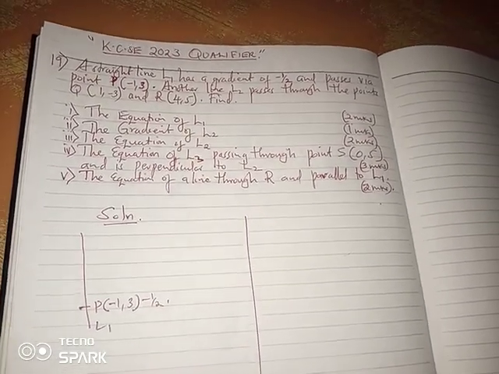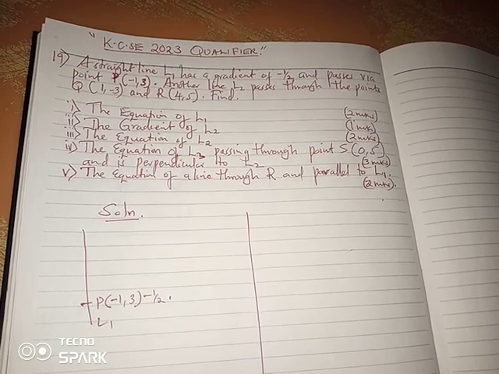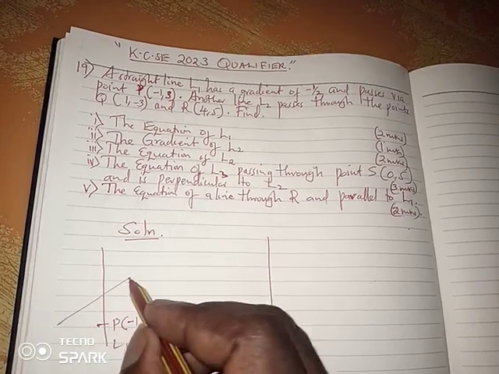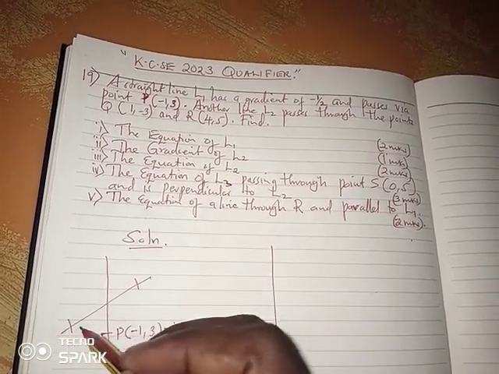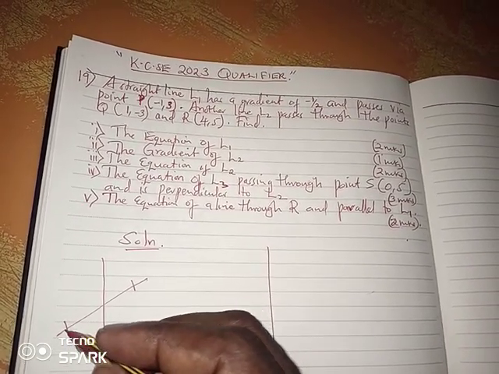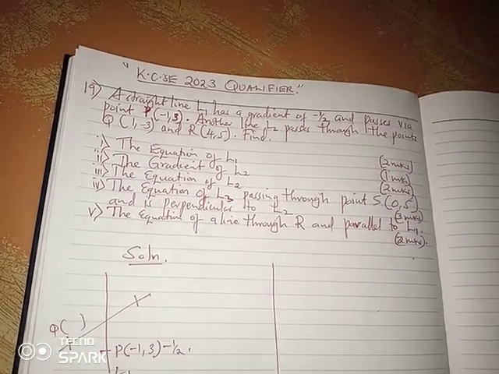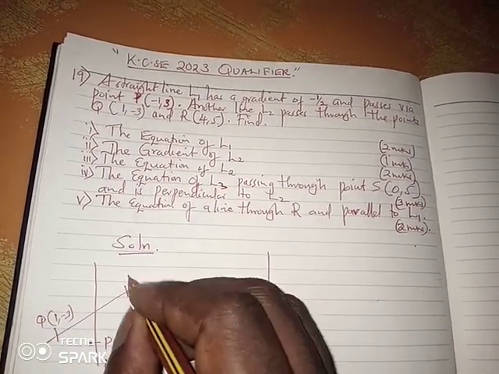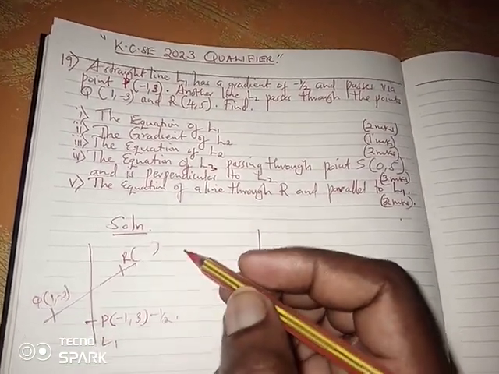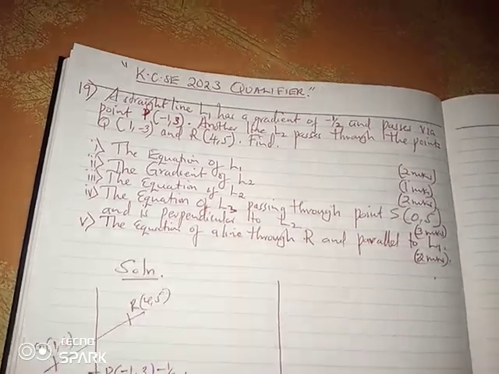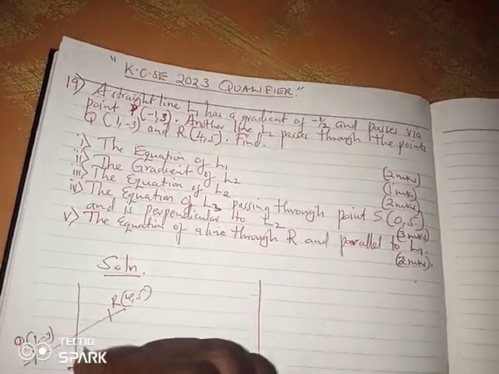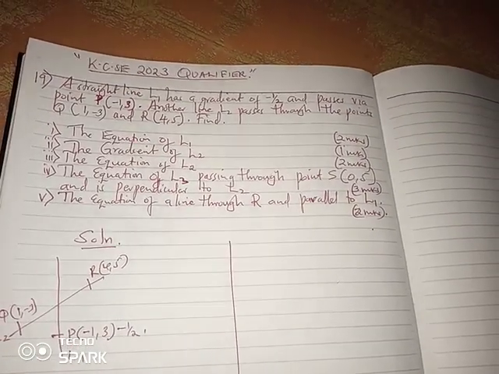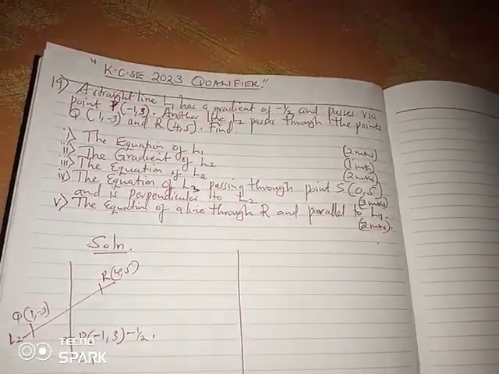Then another line L2 passes through the points Q and R. Let this point be Q, which is (1, -3), then R is (4, 5). That is L2. So the first question goes, find the equation of L1.